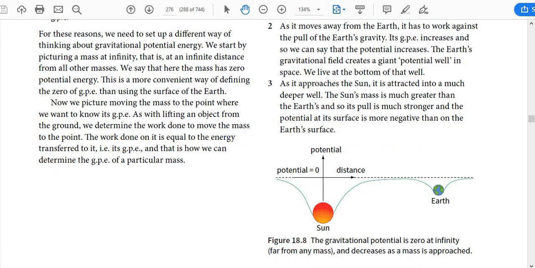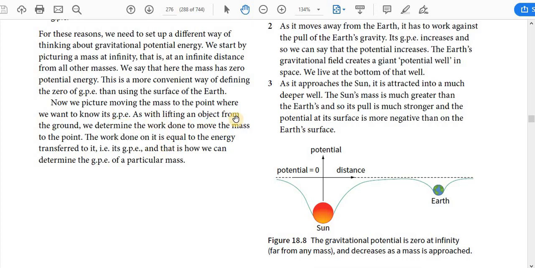Okay, so from somewhere far away where the gravitational field strength is 0, you bring it towards the surface of the earth, where you want to determine the gravitational potential energy. So the work done in moving the object from that point into the earth's gravitational field is actually equal to the magnitude of gravitational potential energy.